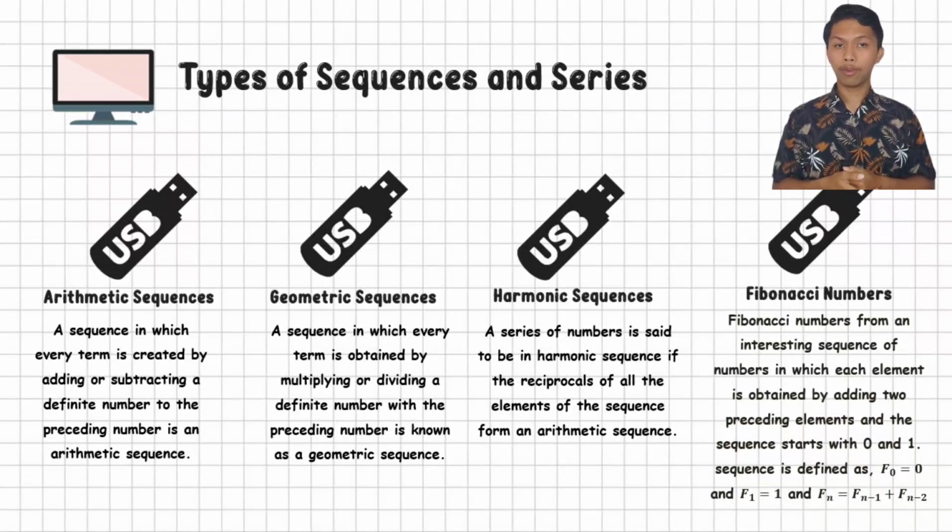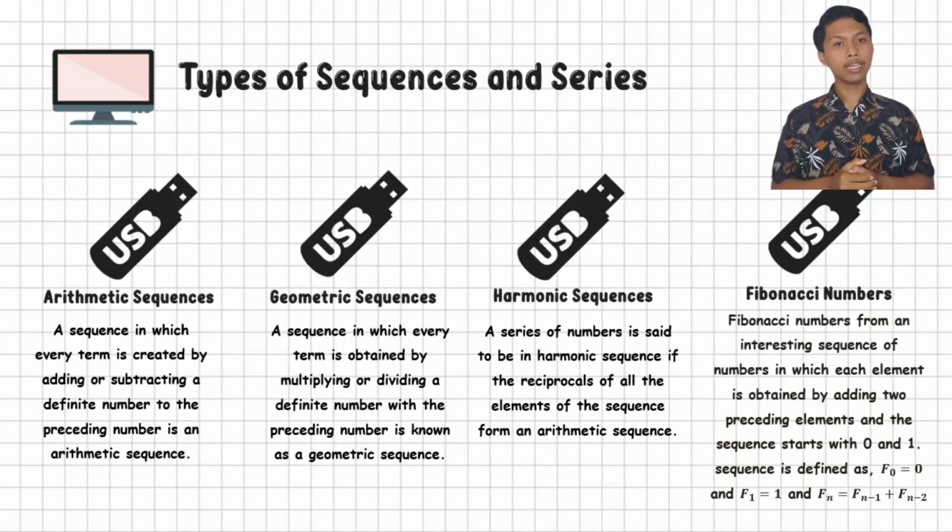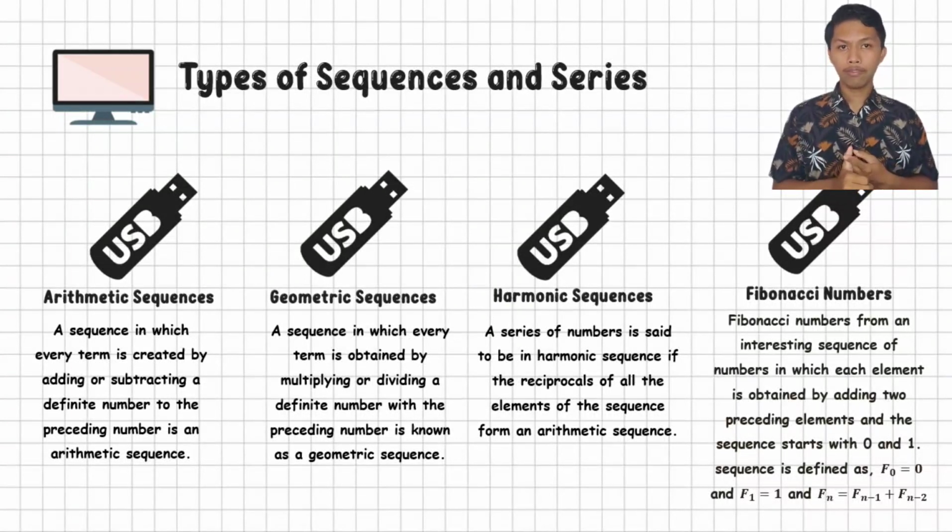Each element of the Fibonacci sequence is obtained by adding the two preceding elements, and the sequence starts from 0 and 1 as the first and second elements. The Fibonacci sequence is defined as F0 equals 0, F1 equals 1, and Fn equals Fn minus 1 plus Fn minus 2.